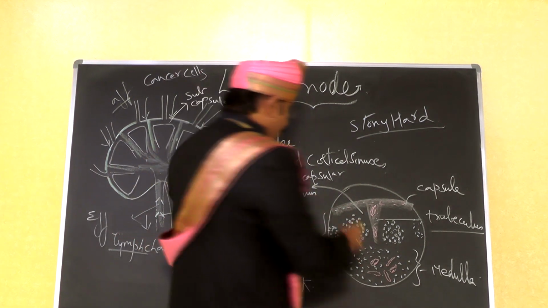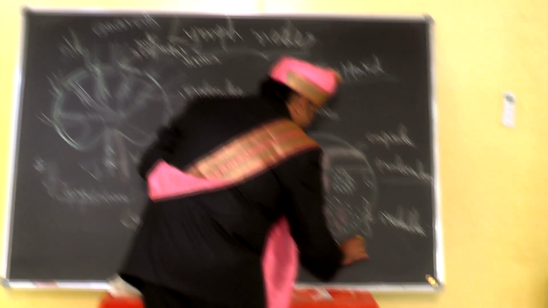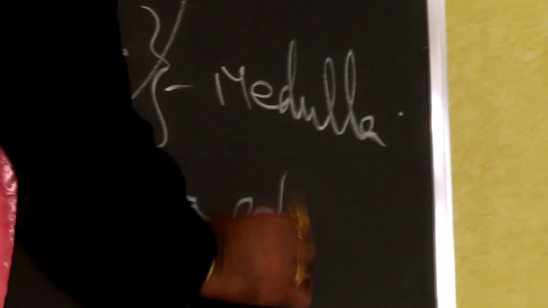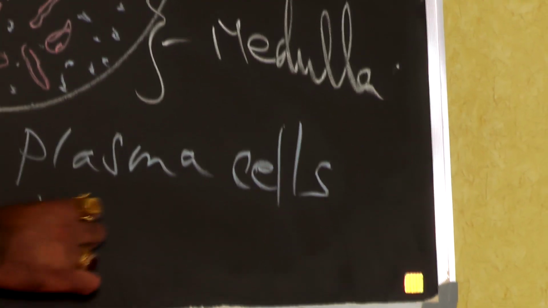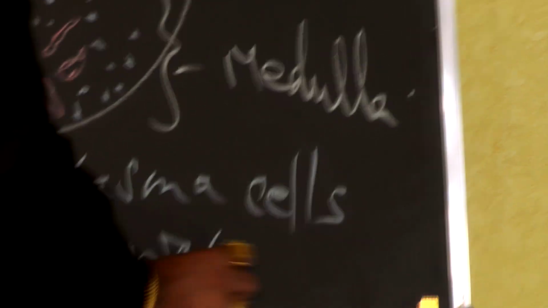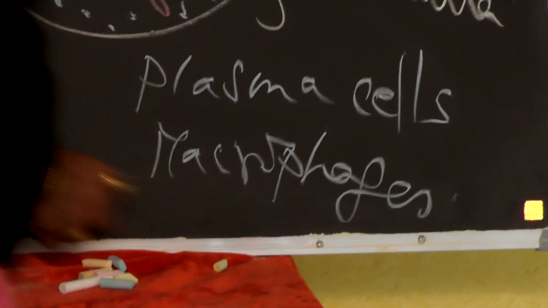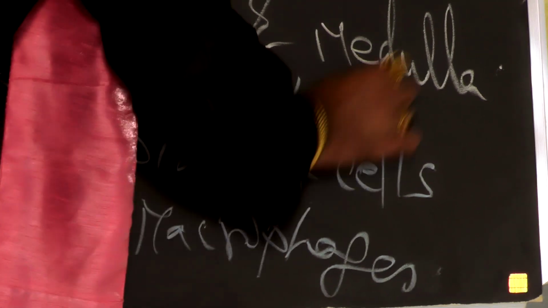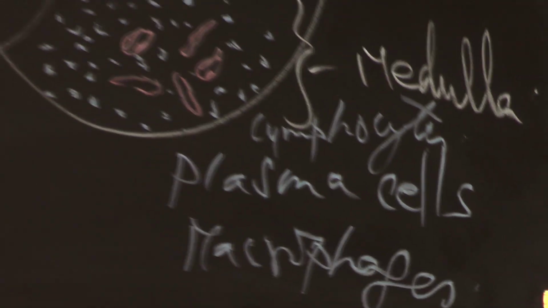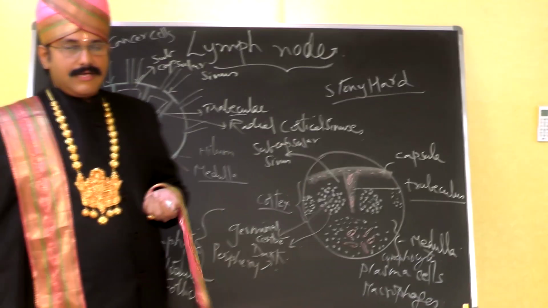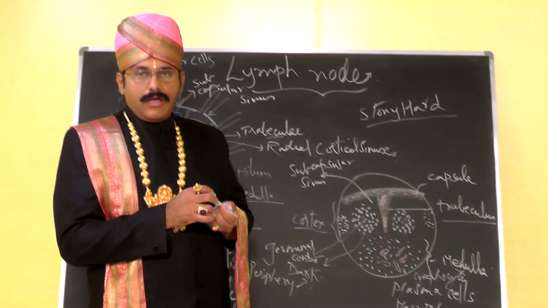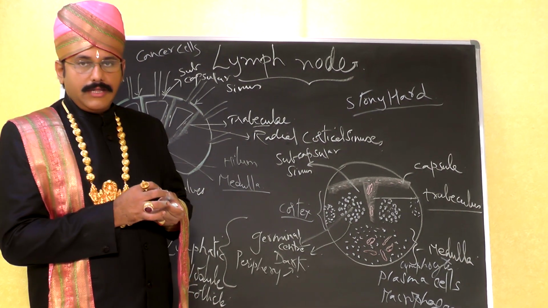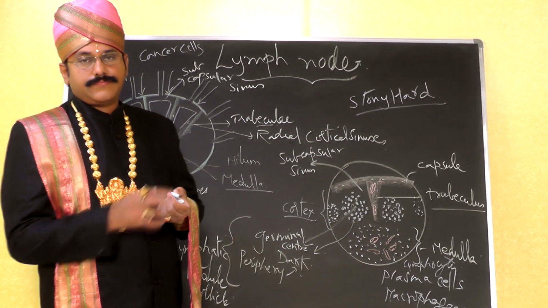Also we have plasma cells and macrophages along with the lymphocytes. So what are the different types of lymphocytes? You know, the B lymphocytes and the T lymphocytes. They are all present in the medulla of the lymph node. Thank you.